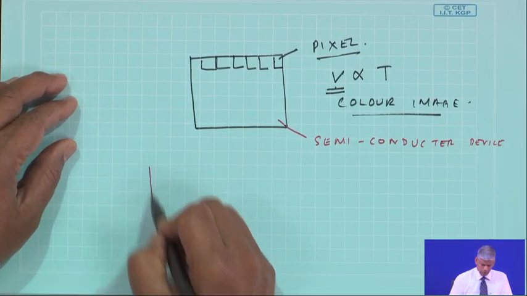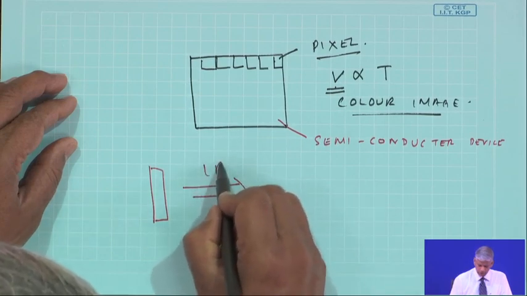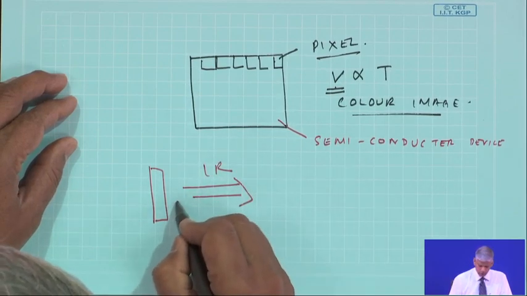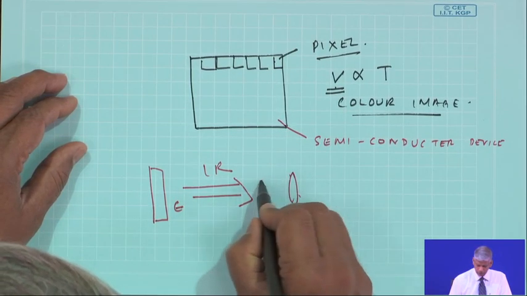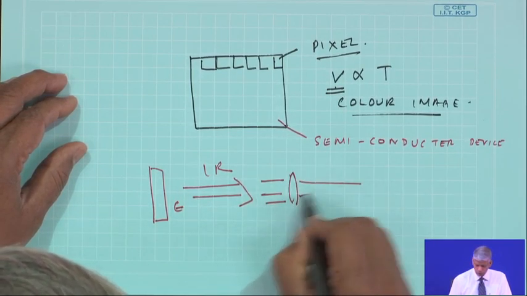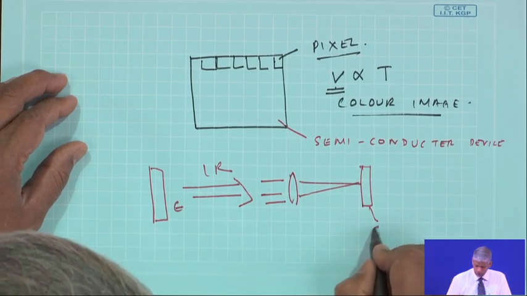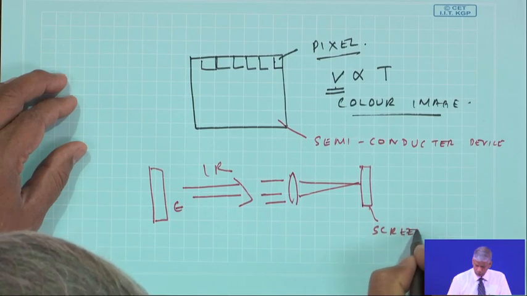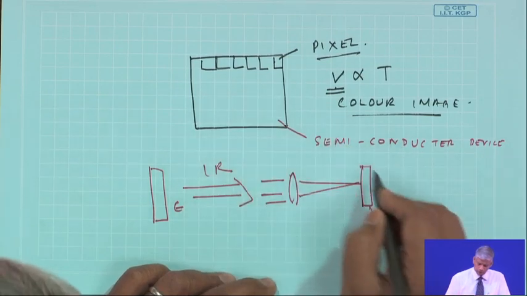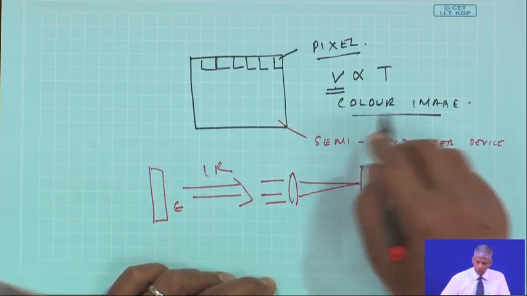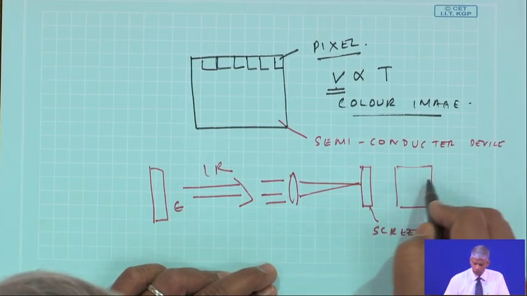So, basically I have a body which is giving out infrared radiation. This depends on its surface emissivity. I have some optical systems which will focus all this onto a screen which is made out of a semiconductor device, and this screen will give you a voltage, and through software you can get an image which could be color coded.